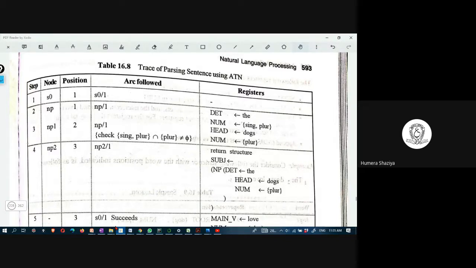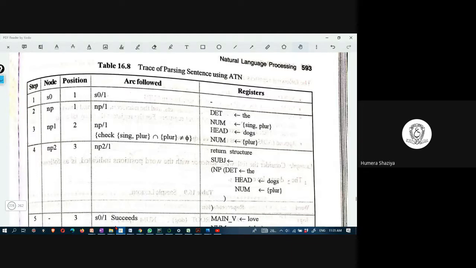If you have a determiner and the number of the determiner, the num here is, students, whether it is singular or plural. Head is dogs, the dogs, and the num is plural here because it is dogs. And what it is checking here, check singular comma plural, and plural is not equal to 5. Yes, plural is there, it is not equal to 5.